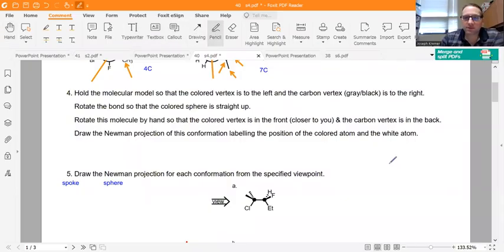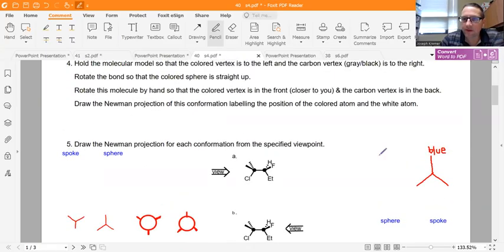So what I was going to draw here was, whoops, I did that wrong. So spoke with the blue atom up. That means it's an inverted Y. I'll just put blue here. Blue atom. And the sphere with the white atom down.